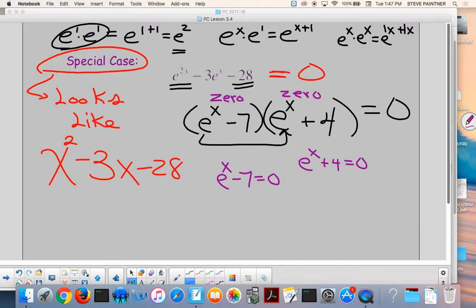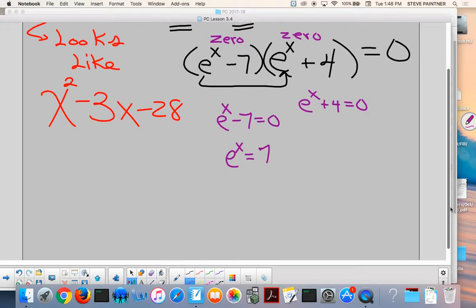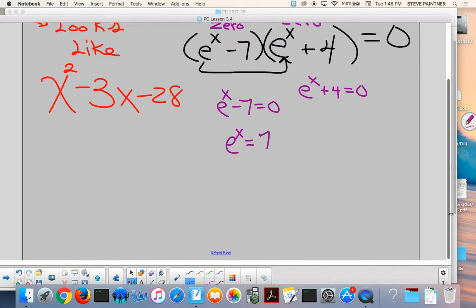Well, the first one, e to the x, isolate it, equals 7, right? Now you just did a couple of these. How do you solve exponential equations? Take the log of both sides, but in this case, why wouldn't you take the natural log? The natural log of e to the x equals the natural log of 7.